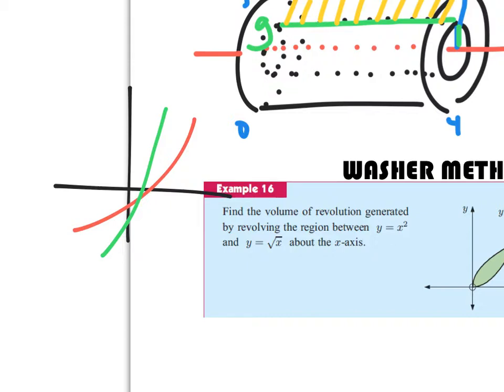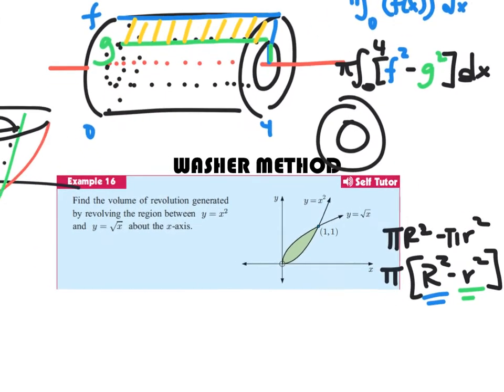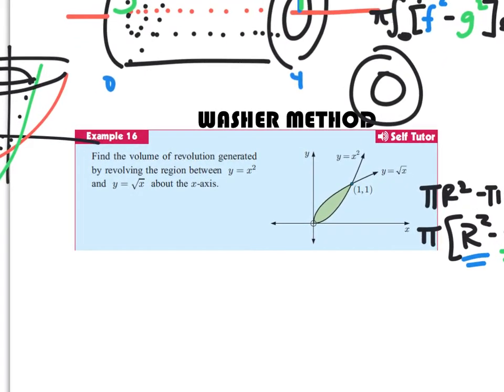If we were to revolve those this way, we would get something that looks kind of like this solid. That is called the shell method. It's the same thing as the washer method, just in a different dimension, just going the opposite way.